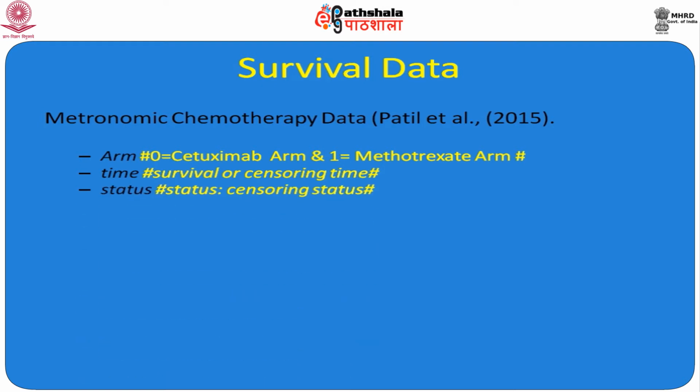Status represents, at the end of the follow up, the status of the patient as censored or not censored. The fourth variable is the gender of the patient, male or female, as sex, and the fifth variable is age, the baseline age of those patients.